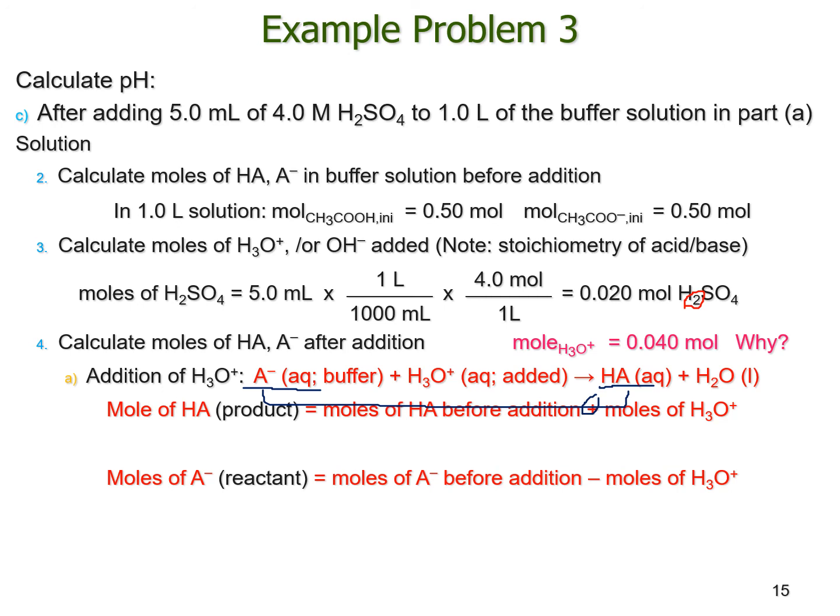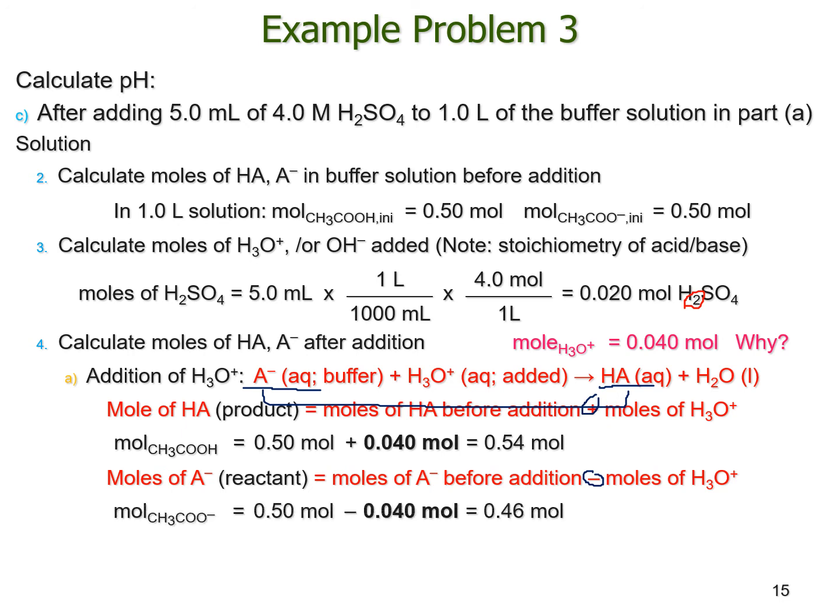And for the reactant, that's going to be the subtraction between the moles of the conjugate base and the moles of hydronium, because that's the reactant. For a reactant, the amount is consumed. All right, so for the weak acid, we add 0.040 moles. For the weak base, we subtract 0.040 moles.